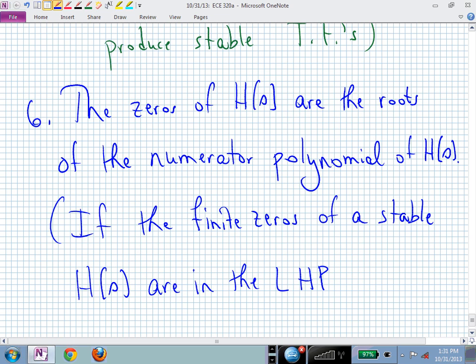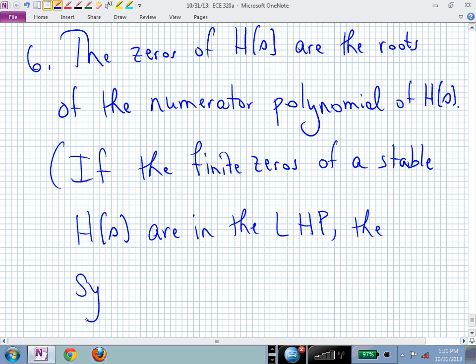So now if the zeros are in the LHP, we have a special name for that system. Those systems are called minimum phase.